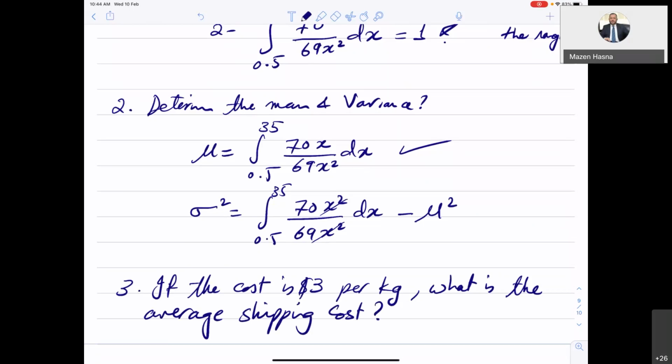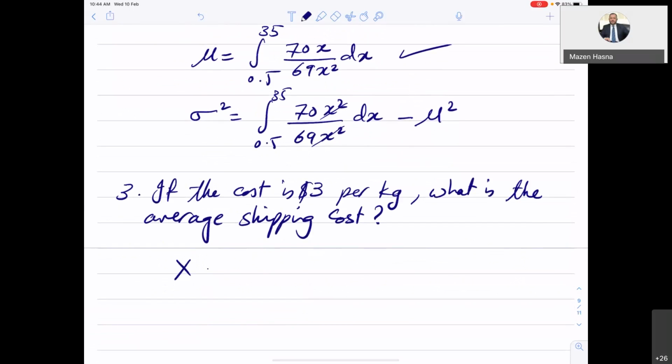So now I'm not interested in the average of the weight itself. I'm interested in the average of the cost. So x is the weight, y is the cost, and he's telling us that y equals 3x, because it's $3 times the weight. If you have 1 kilo, then $3. If you have 2 kilos, 3 times 2, $6, and so on. If you have 35 kilos, it's 3 times 35, which is 105.